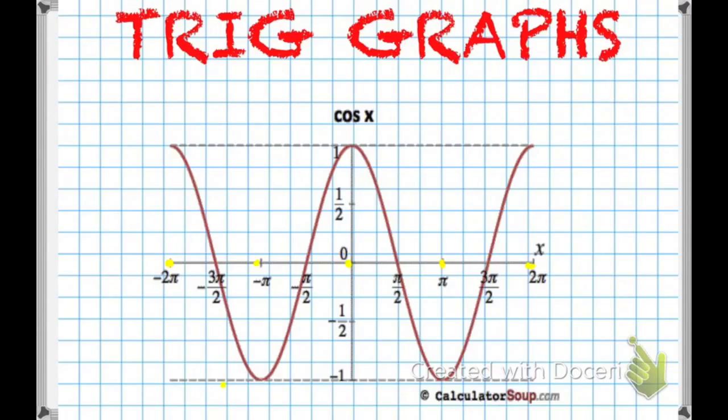And then from negative 3 pi over 2 to negative pi, it's increasing. And from negative pi to negative pi over 2, it is also increasing. From negative pi over 2 to 0, it's decreasing. And from 0 to pi over 2, it's also decreasing. And then from pi over 2 to pi, it's increasing. And pi to 3 pi over 2 is also increasing. And then from 3 pi over 2 to 2 pi, it decreases back again.